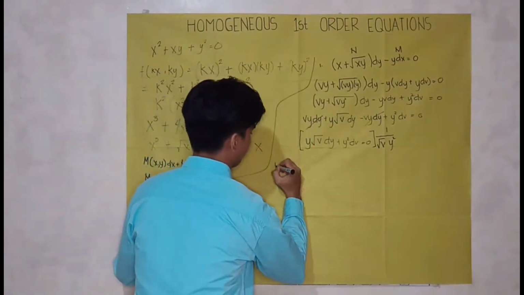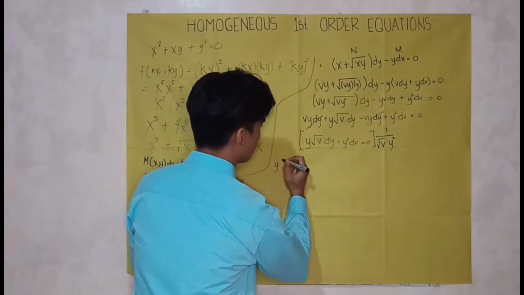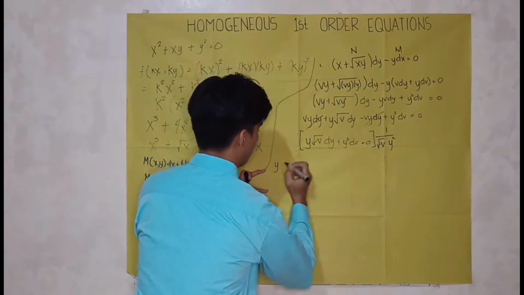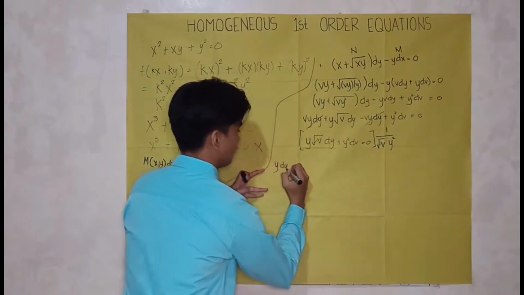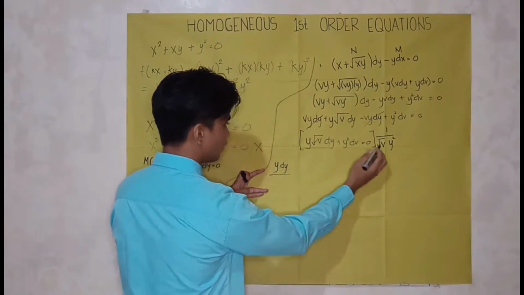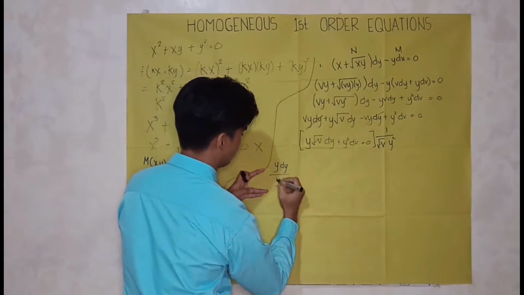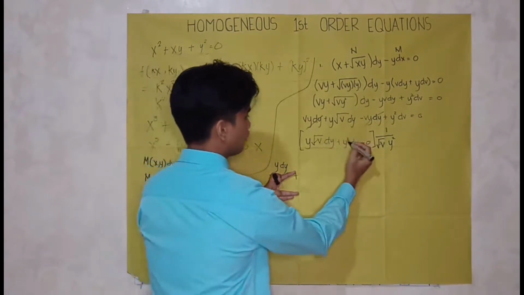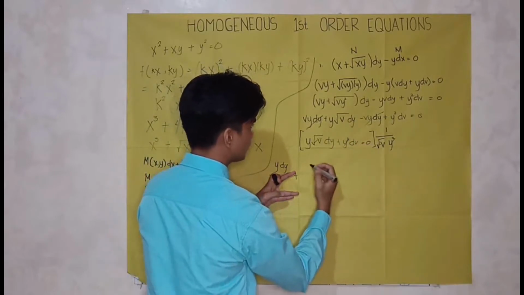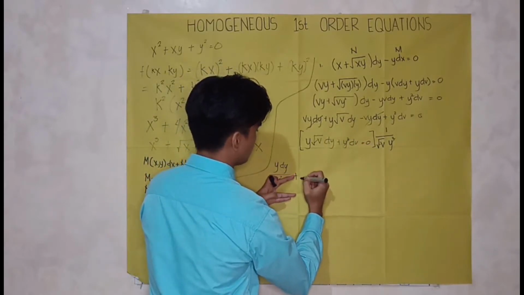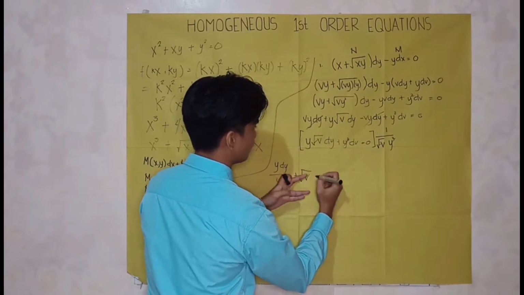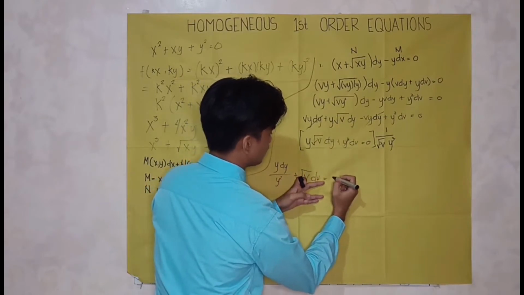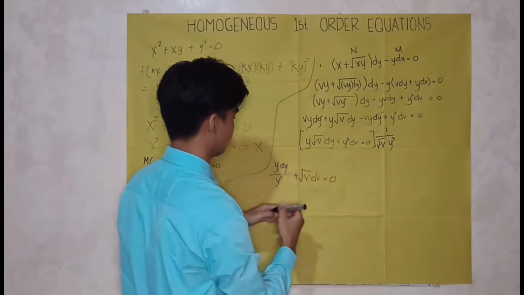So, y dy, cancel. So, dy over y squared plus y squared cancel. So, magiging square root of v dv is equals to 0.